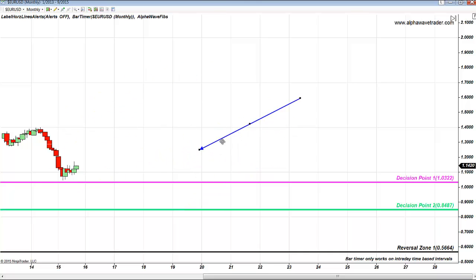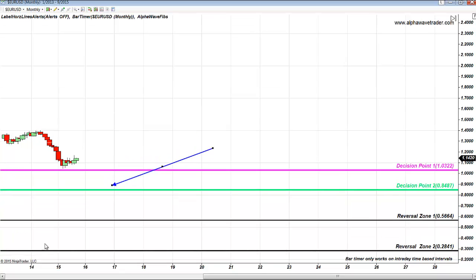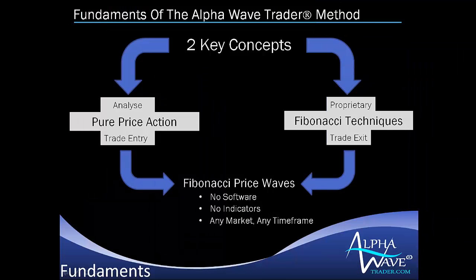It's only a bullish correction. Once 84 is broken, price will collapse to here. All spelled out by the price since 2008. And that's the magic of the price and Fibonacci.